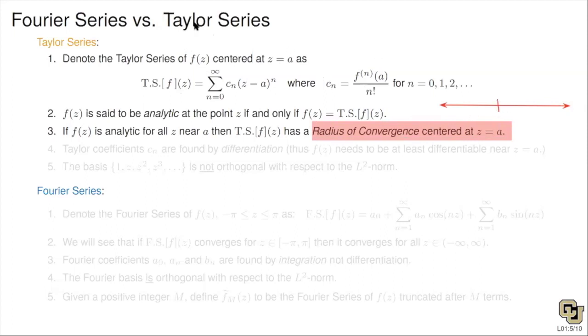So if this is a, then our interval of convergence is some interval going out some distance. If we call the radius of convergence capital R, then this would be a plus capital R and this would be a minus capital R.